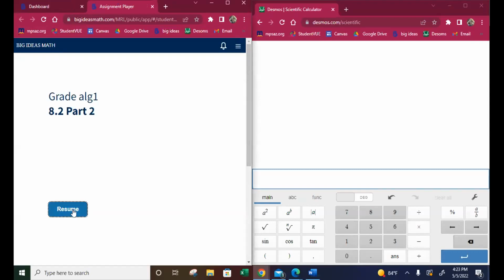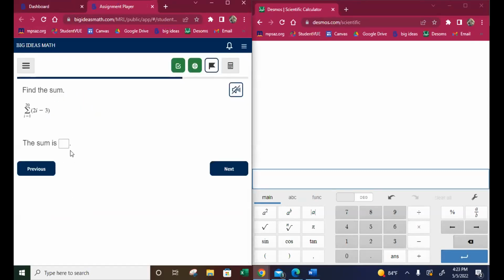Here we go. All right, now this one is pretty tough to do by hand, because you're going to end up having to do it a bunch of times here. So go ahead and type in 2i minus 3, the next line.